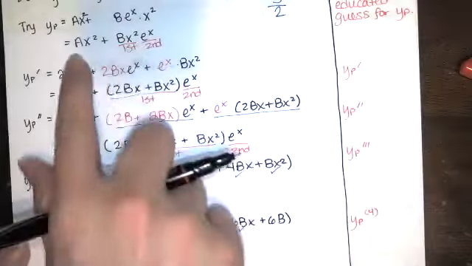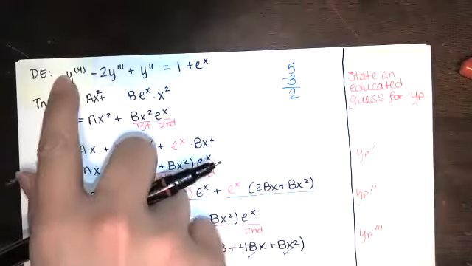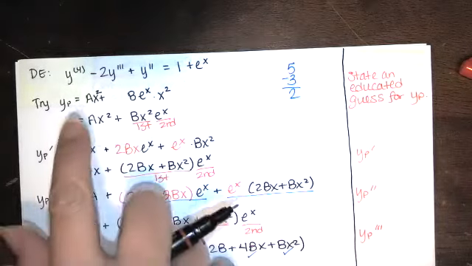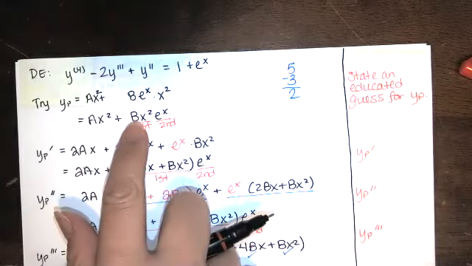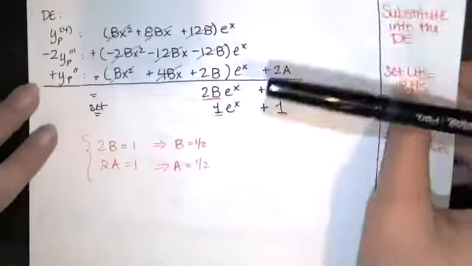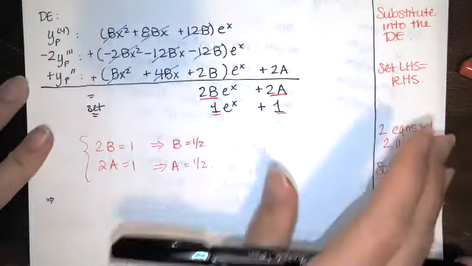These are the values of A and B that are necessary for this to be a solution to this problem. That's what we just found. So A is 1/2 and B is 1/2. We'll substitute those into our y sub p now.